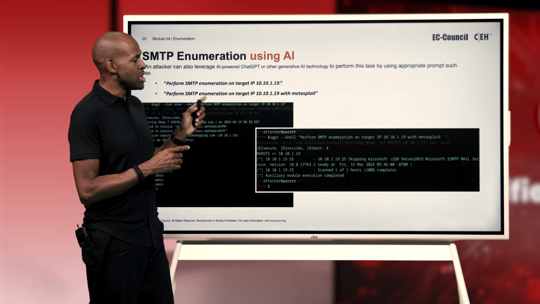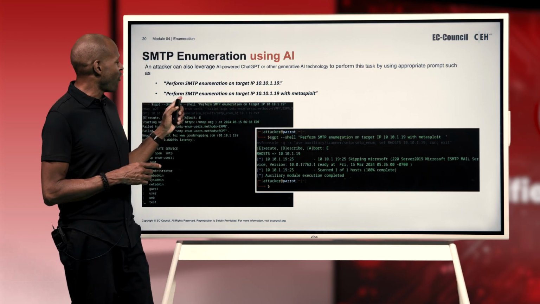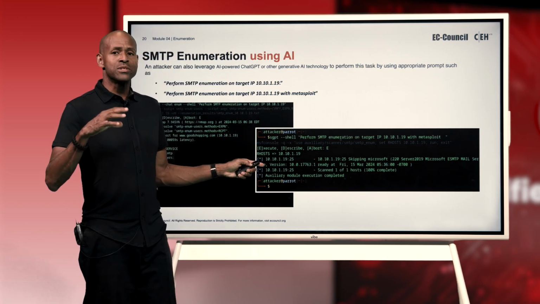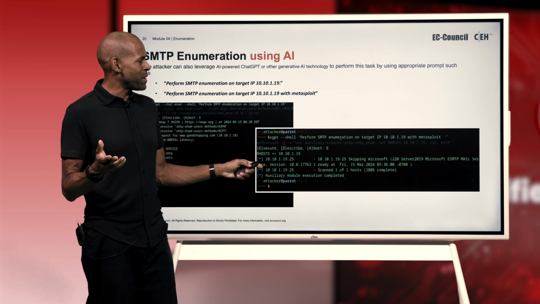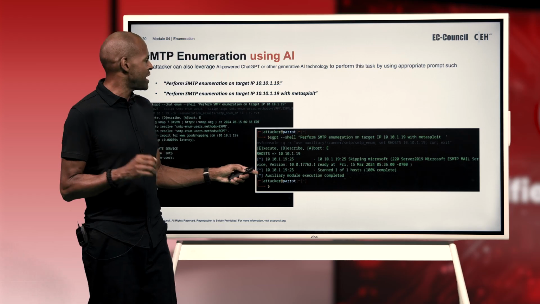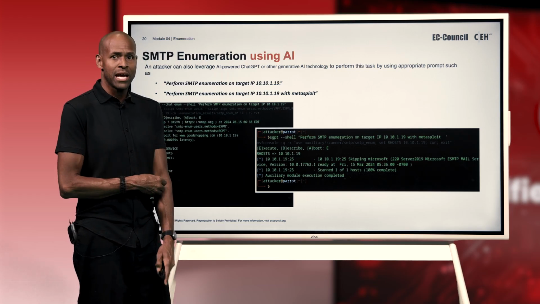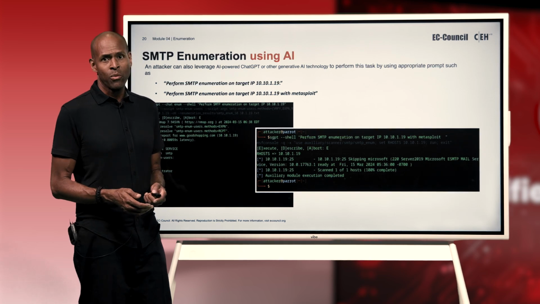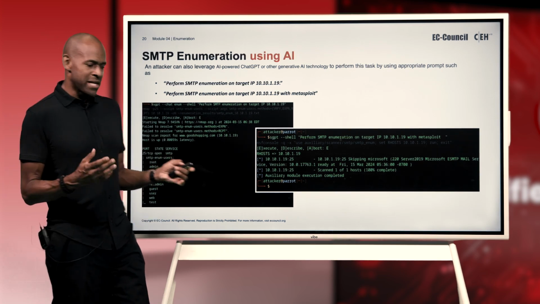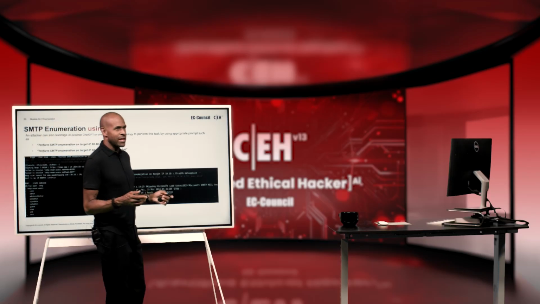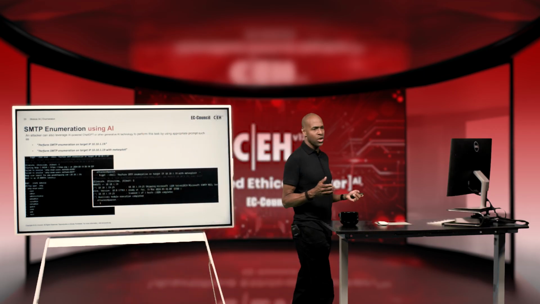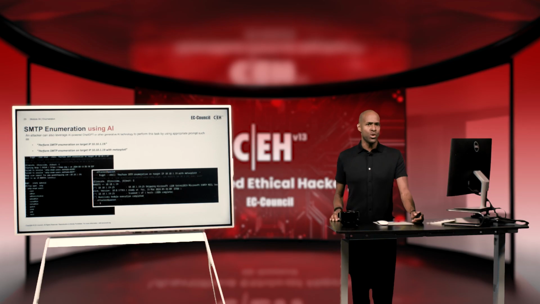So when you say, "LLM, perform SMTP enumeration on target 19 with Metasploit," then it uses the appropriate Metasploit tools, focusing specifically on SMTP enumeration, and it'll do it for you. Pretty amazing. We'll see what we can do even more with Metasploit. Now, we have tools like Metasploit, we have tools like SNMP, Telnet, etc., that we can look at using to enumerate. And now let's look at another protocol.